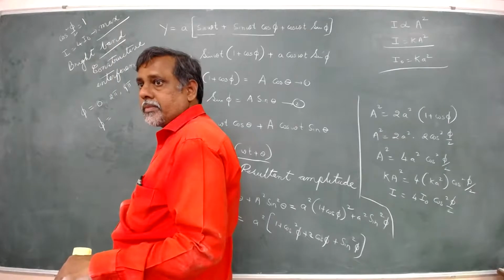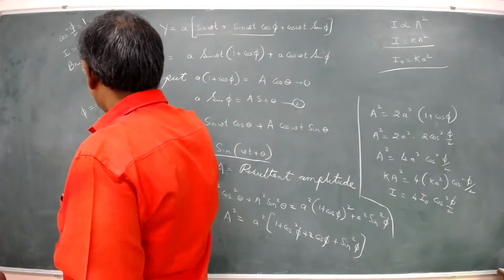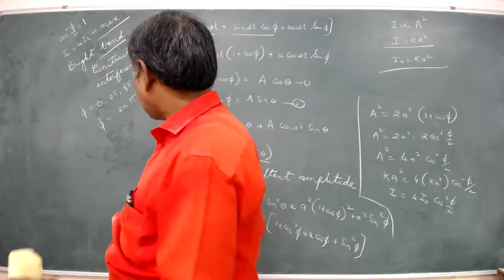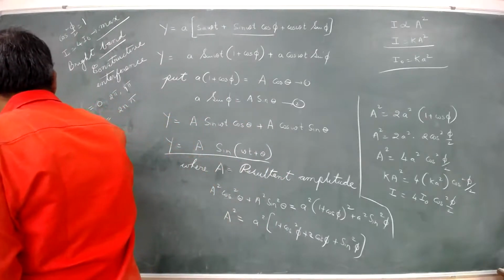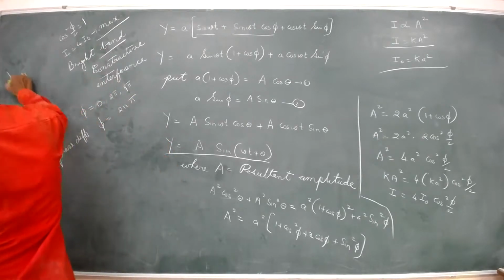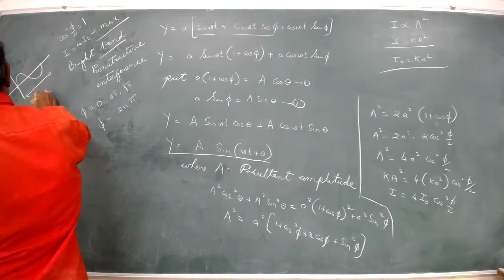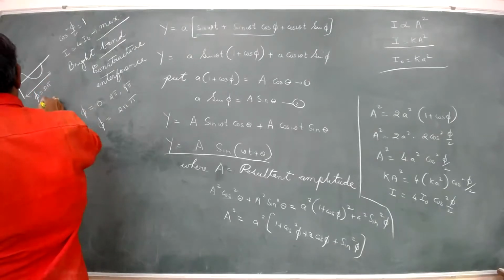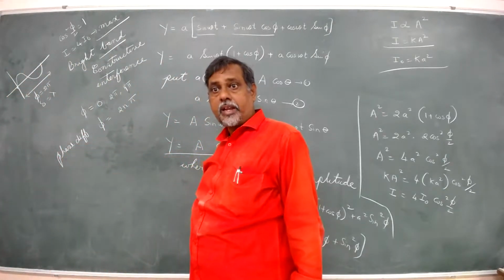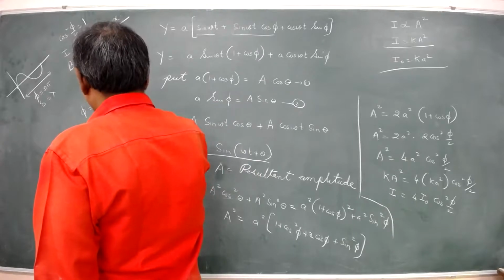Are you getting my point? Phi takes the values of even multiples of pi. This is called the phase difference. When a 2 pi phase difference is there, look at the wave formation: the distance between this and this has a phase difference of 2 pi, and the corresponding path difference delta is lambda.